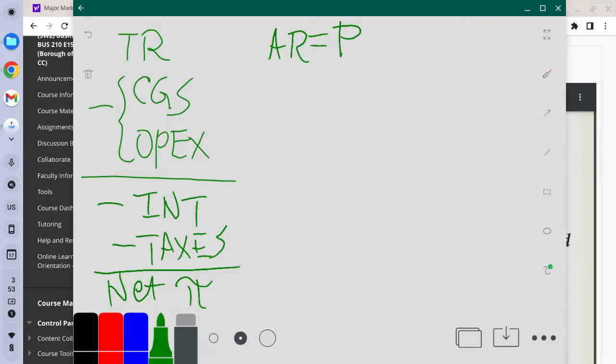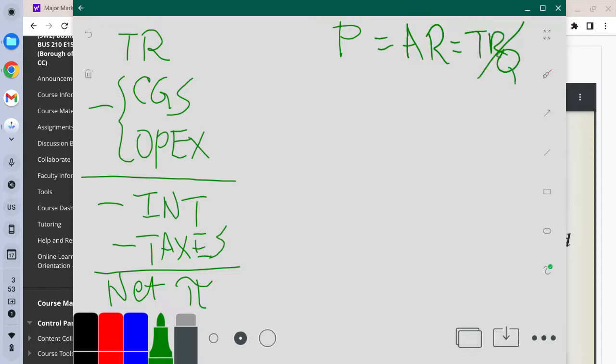And then you subtract. So better write it like this. Price, which is average revenue, which is total revenue divided by quantity.